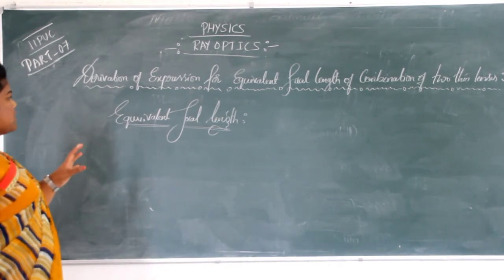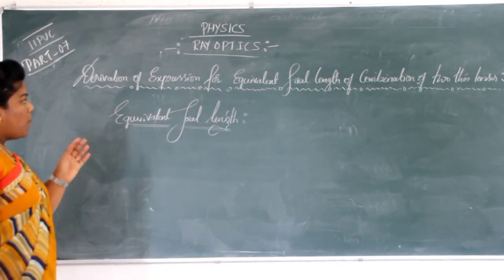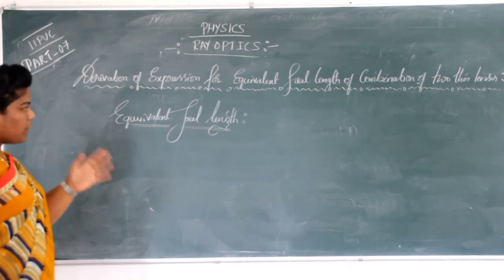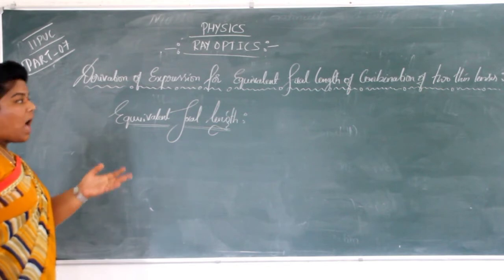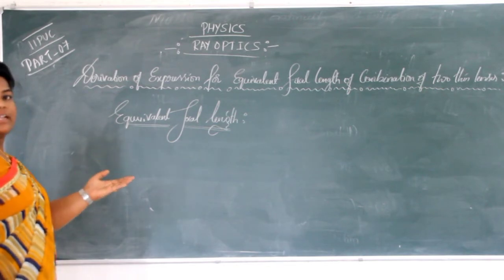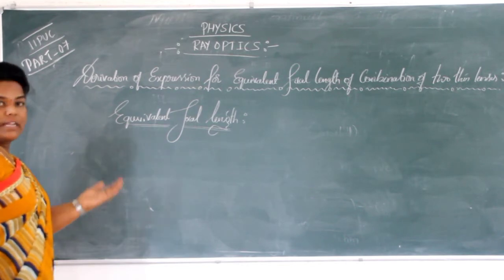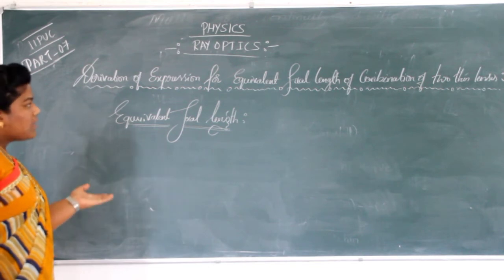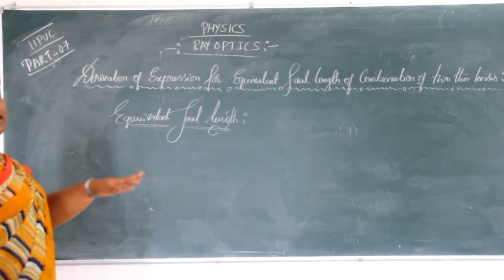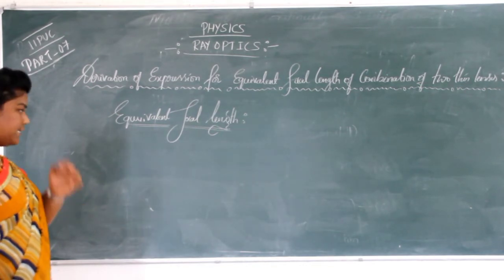My dear students, it is the focal length of a lens which gives the same effect: it diverges as the combination of the lenses diverges, and it converges as the combination of the lenses converges. It has the total focal length which is equivalent to that of the combination of two thin lenses.